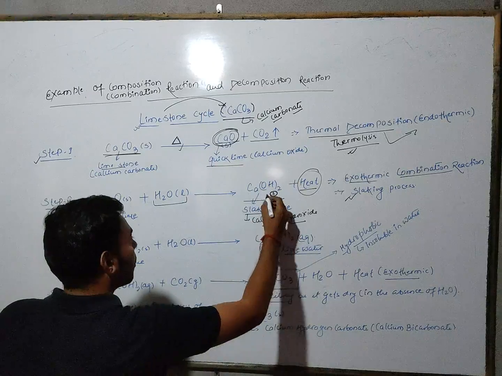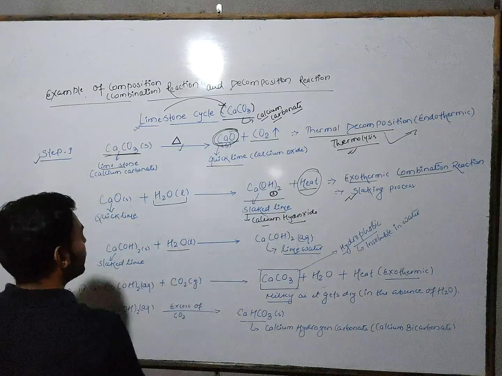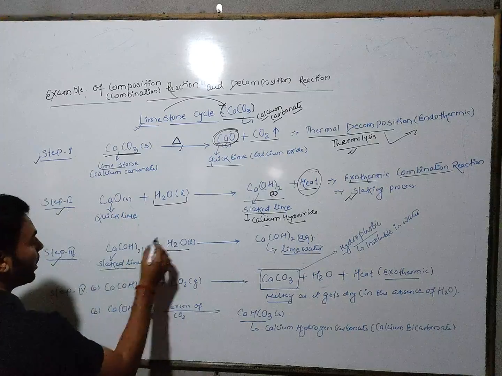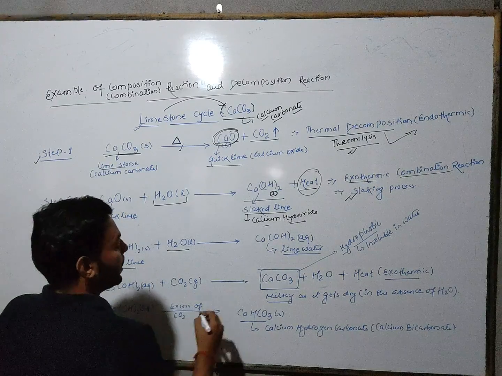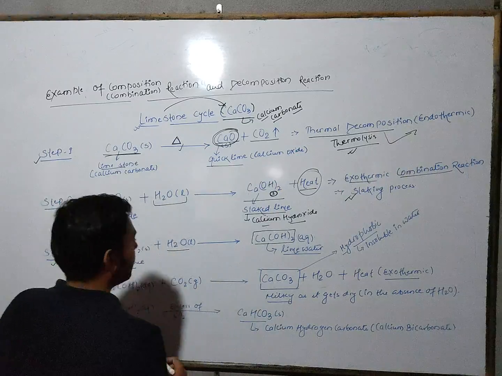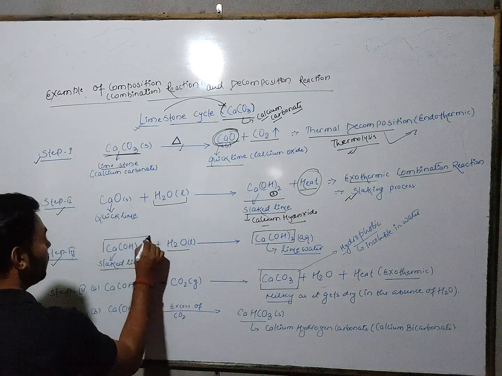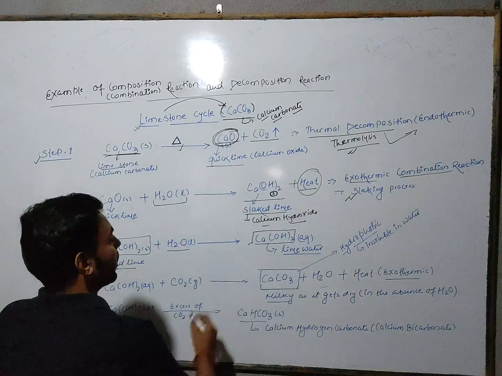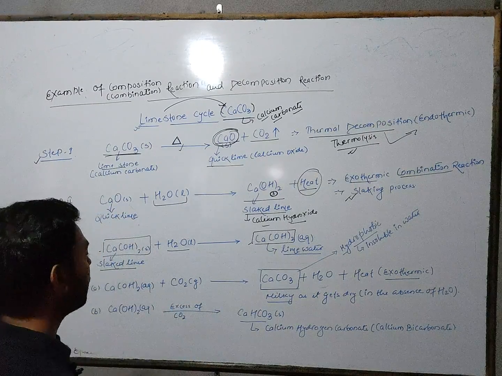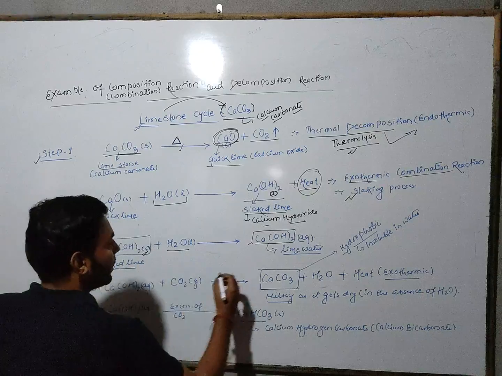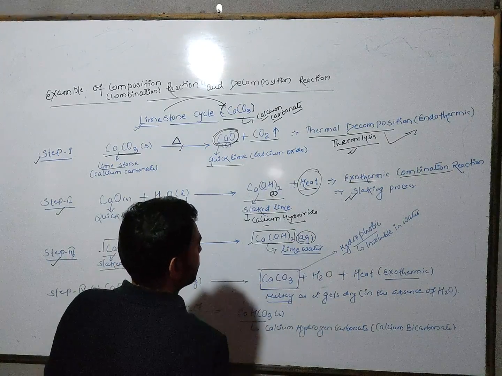When excess water is added to calcium hydroxide or slaked lime, the formula of calcium hydroxide is still the same here. You will say that there is no product, but you must remember that the slaked lime is in solid state and this is in aqueous state.